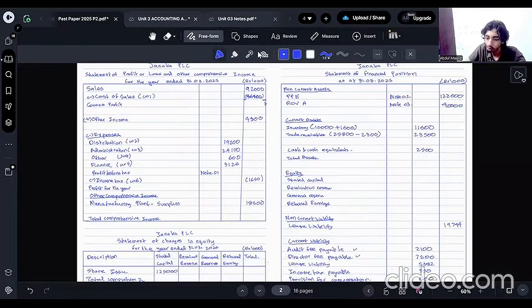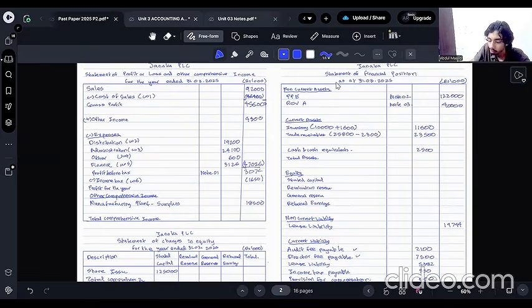That will be 47,026. Then your profit before tax: your gross profit is 92,000 minus 46,400, that will be 45,600. 45,600 plus other income 4,500 minus total expenses 47,026. That will give you 3,074.